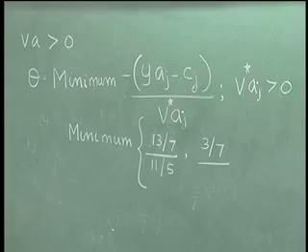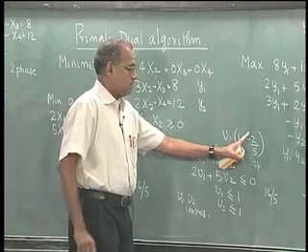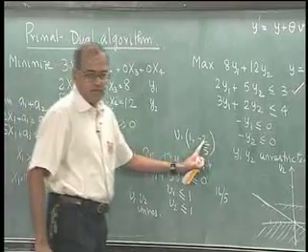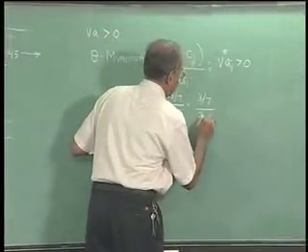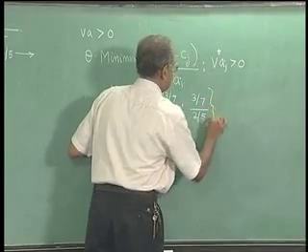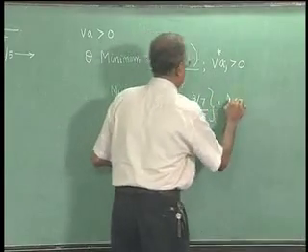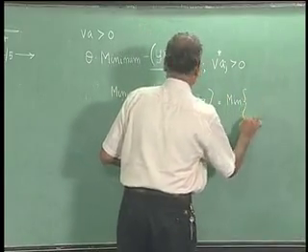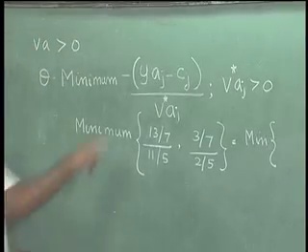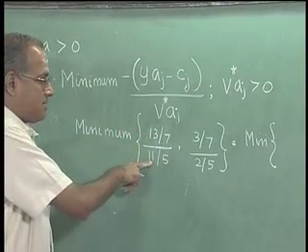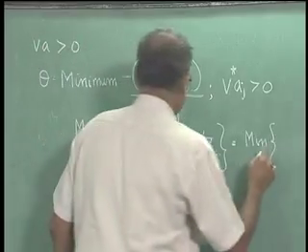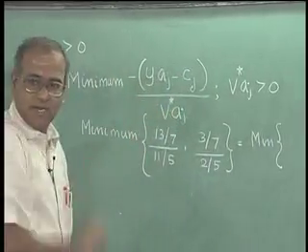divided by 0 minus 1, 1 minus 2 by 5, so plus 2 by 5. So 3 by 7 divided by 2 by 5. So this is minimum of 65 by 77, 13 by 7 into 5 by 11.